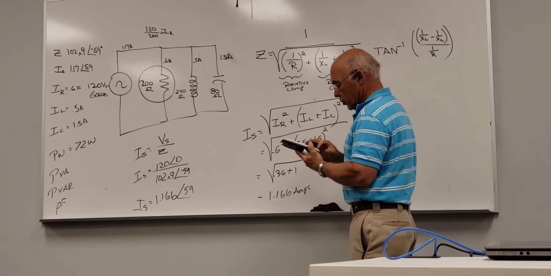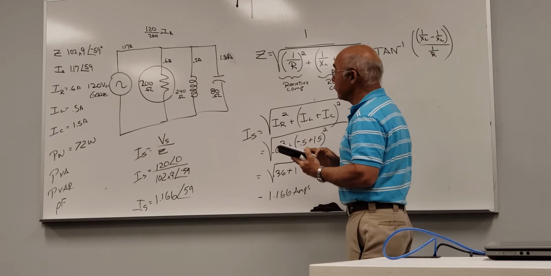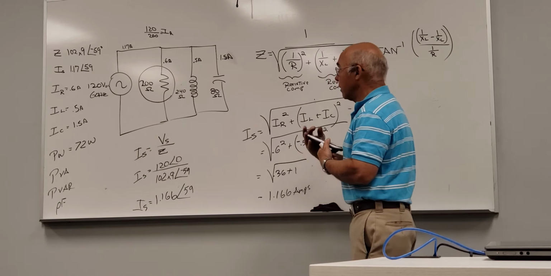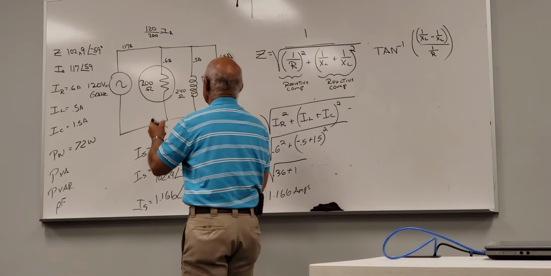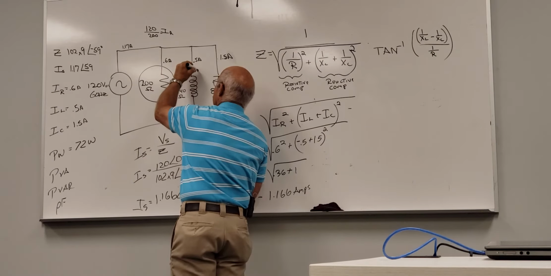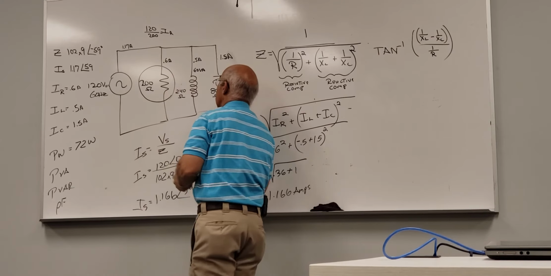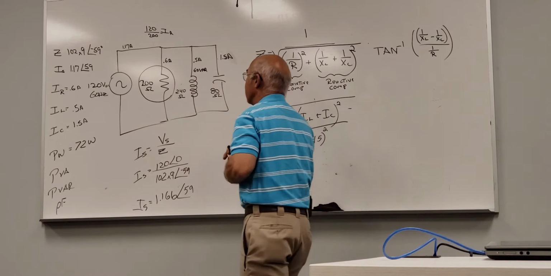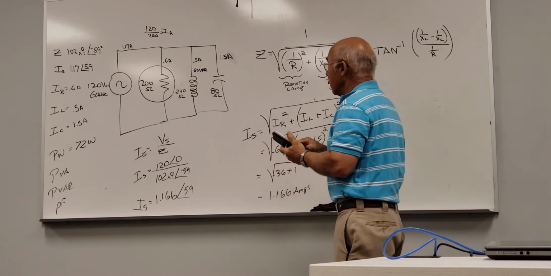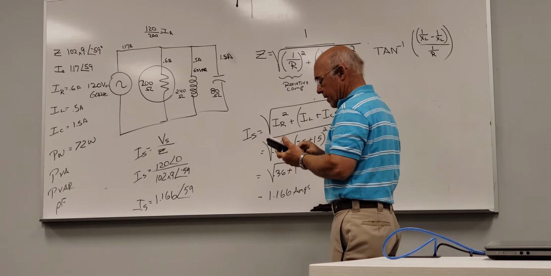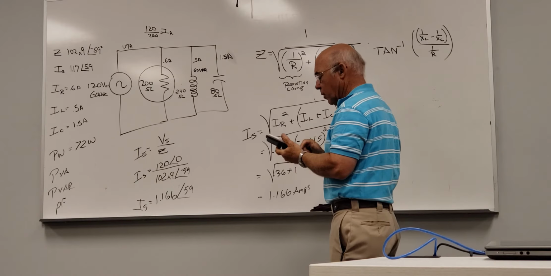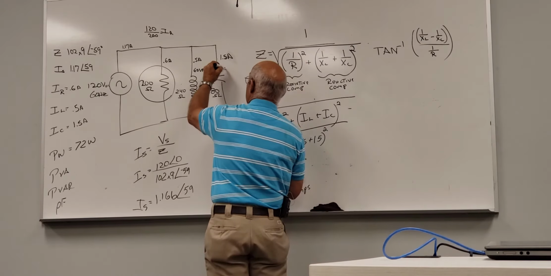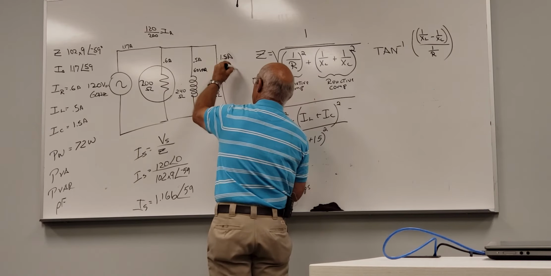So we have 0.5 amps times 120 volts for the first one, which gives me 60 volt amperes reactive inductive. The other one, 1.5 times 120 volts, gives me 180 volt amperes reactive.